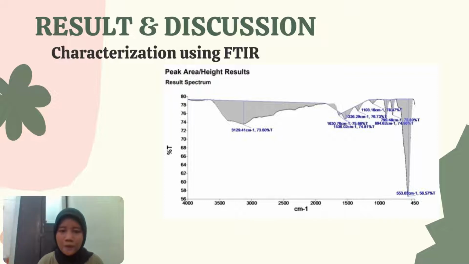In the graph of the FTIR result, the absorbance peaks are obtained at wave numbers 533.03 cm-1, 1630.76 cm-1, and 3129.41 cm-1. This indicates the vibration of the Fe-O tetrahedral covalent bond, OH stretching, and OH bending, which confirms that the magnetite phase had been formed.